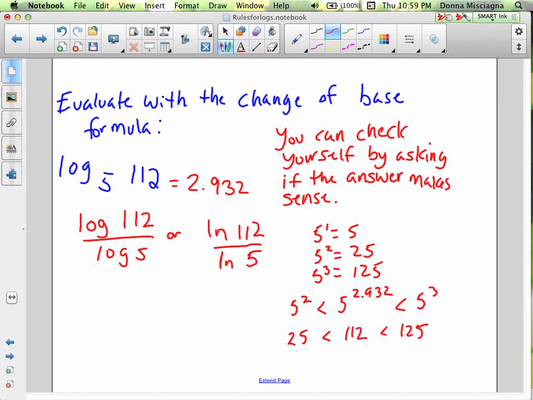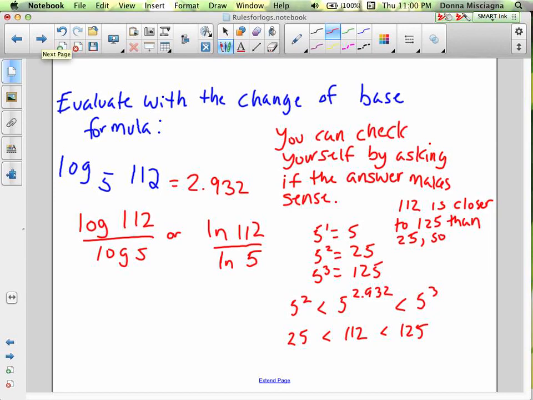Now notice how much closer 112 is to 125, and you can add all this into your notes, than 25.